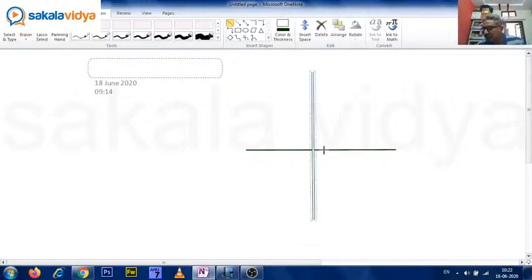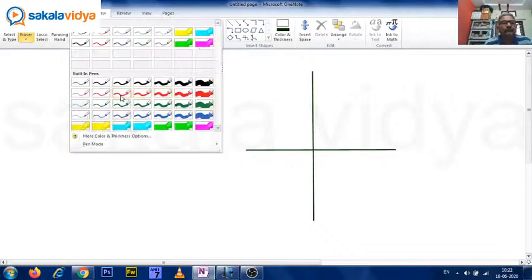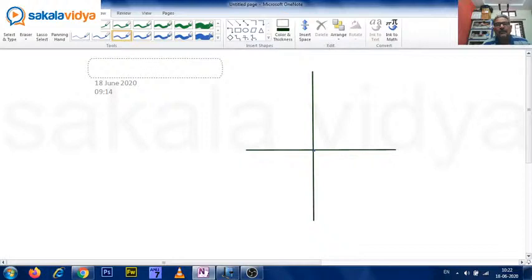Okay, now consider the coordinate axis here. So this is origin 0, 0. Say x-axis, this will be x dash. Say this will be y, this will be y dash. Okay.